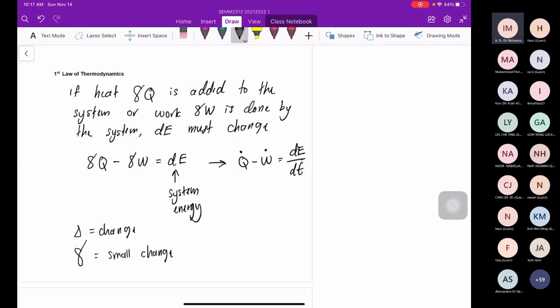So you can look at the symbol, it is like an S. For example, the small change here can be 0.001, something like that. This is the big change, maybe 3, 4.